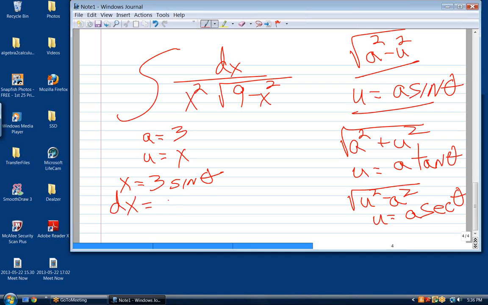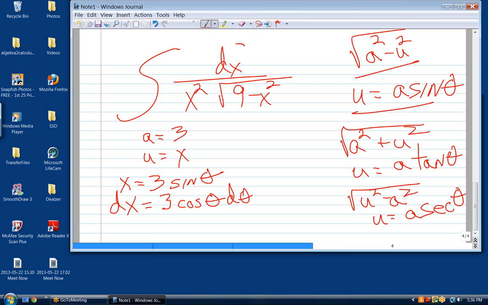Dx is what? Just 3 cosine. Everybody gets confused between differentiation and integration, it's hard to keep those signs. So dx is 3 cosine theta d theta.